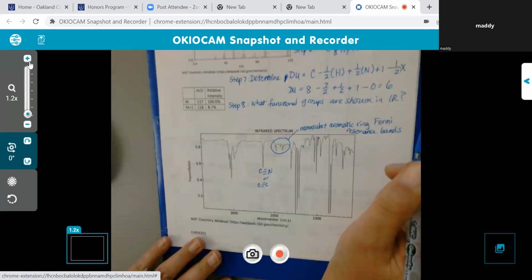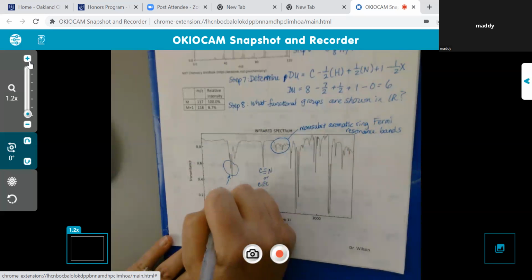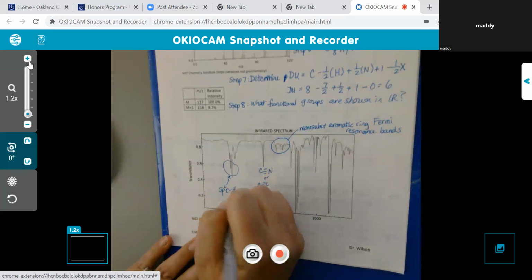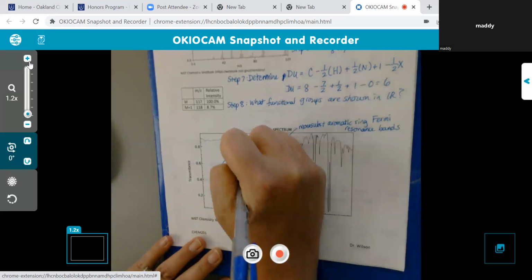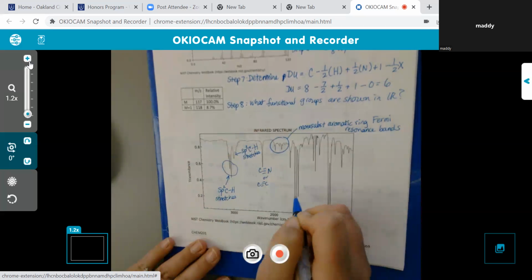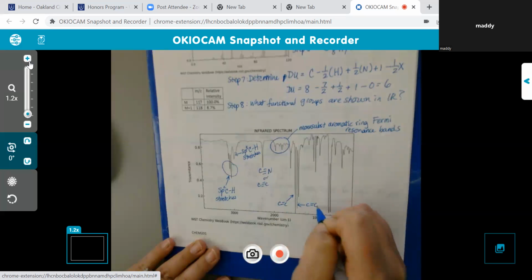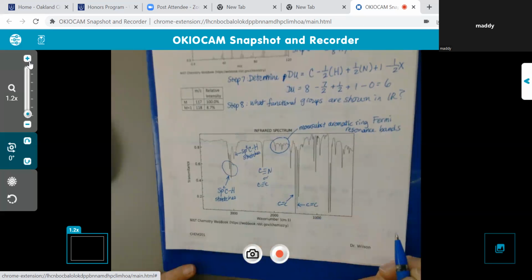And what else do I see? In this region here, I see evidence of sp2 hybridized carbon to hydrogen stretches. I see a little tiny one here of sp3 carbon to hydrogen stretches. And this and this are from different modes of carbon-carbon double bond stretches. Remember, because there are different kinds of modes of stretching.